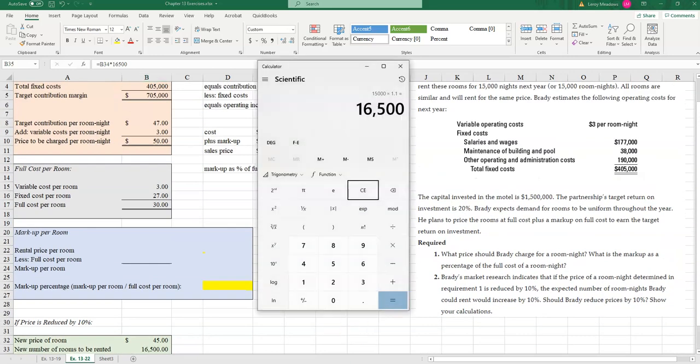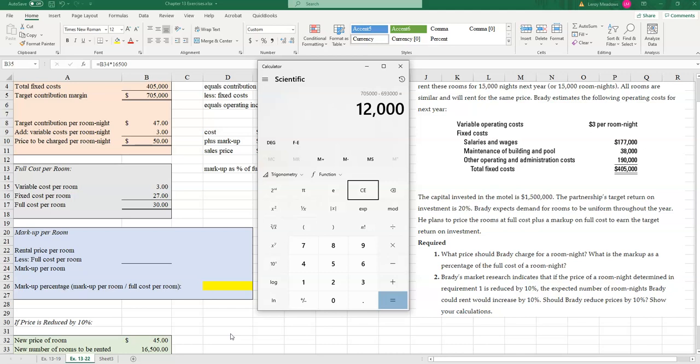So I'm going to go from $705,000 to $693,000. So by lowering the price, I'm going to get more activity, but my total contribution margin is going to decrease by $12,000.